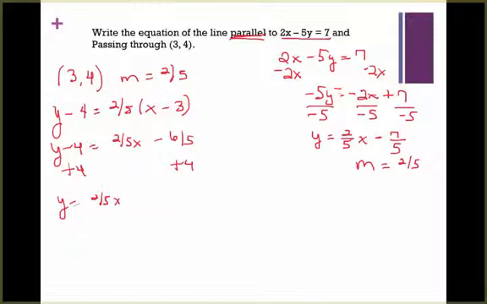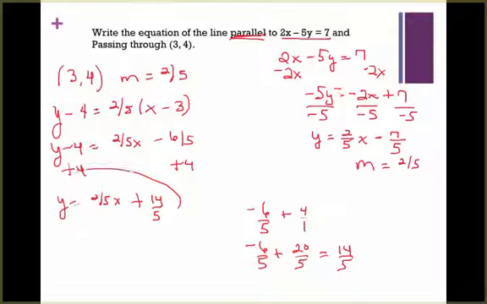And then let's go off to the side and take negative 6/5 and add 4 over 1. That would be negative 6/5 plus 20/5, which would be 14/5. And so there's my equation that would be parallel to the line they gave me and pass through the point 3, 4.